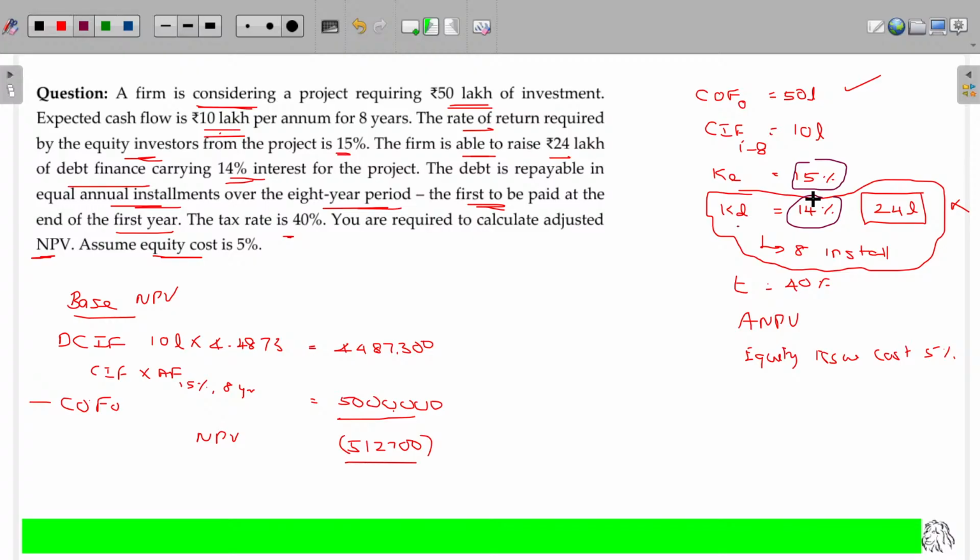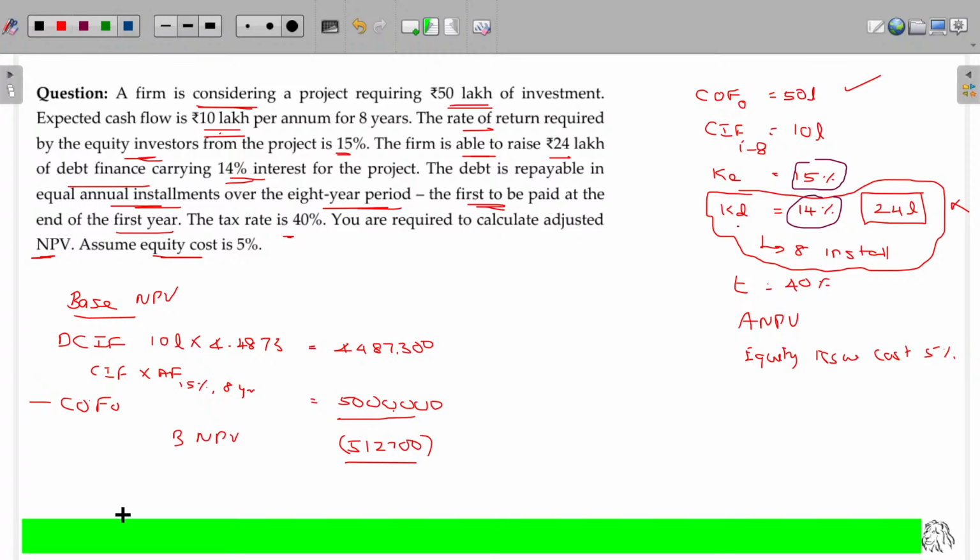By including the debt component, we can find one more NPV. That NPV is called adjusted NPV. The NPV we have calculated is the base NPV. After including the capital structure change, where rather than only equity shares we add some debt component also, the new NPV is called adjusted NPV. You have to understand this.